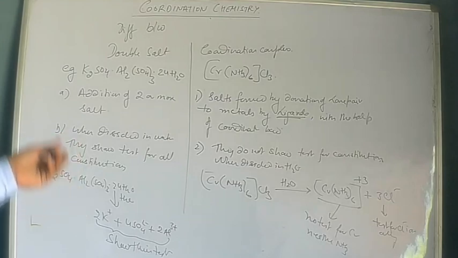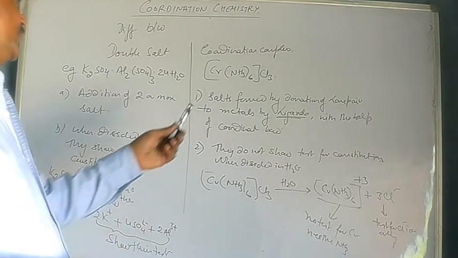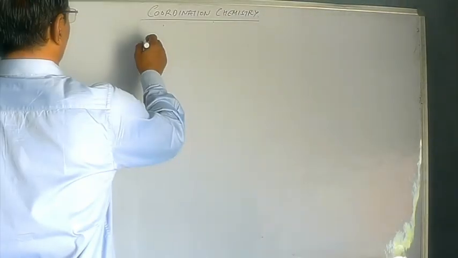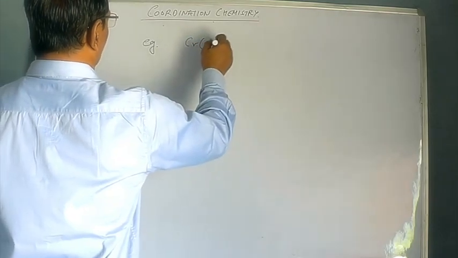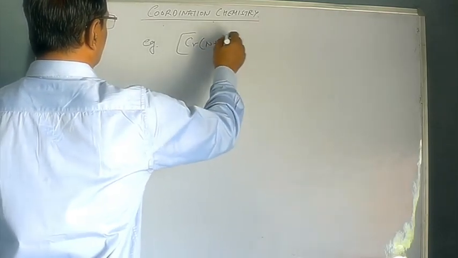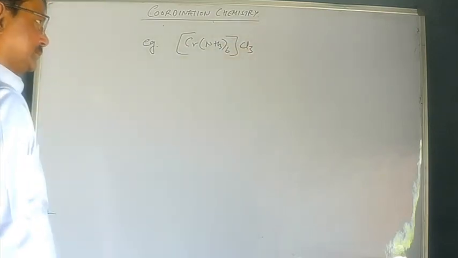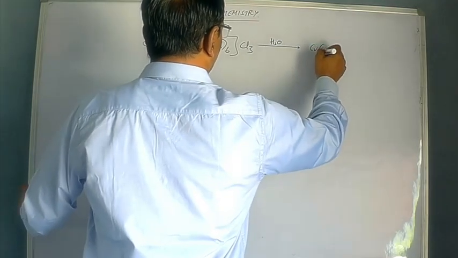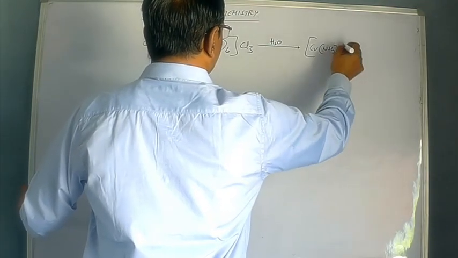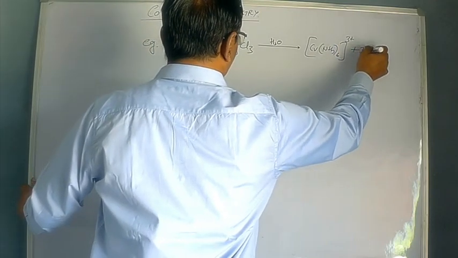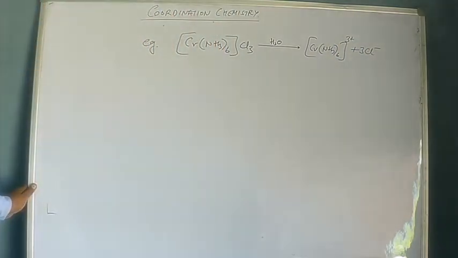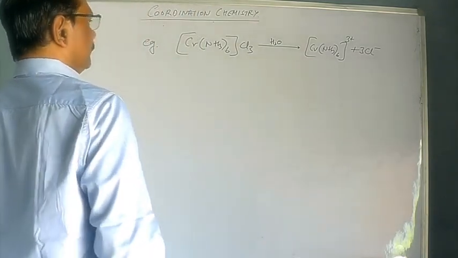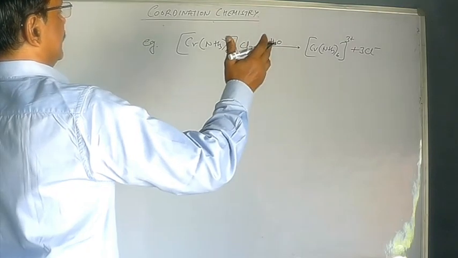So double salts show tests for all the constituent ions, but coordination complexes do not. Class, let us take the example of the coordination salt [Cr(NH3)6]Cl3. If I put it in water, it gives me [Cr(NH3)6] plus 3 chloride. Class, just now I am going to give you Werner theory, but before we go to it, let us understand the entire concept.